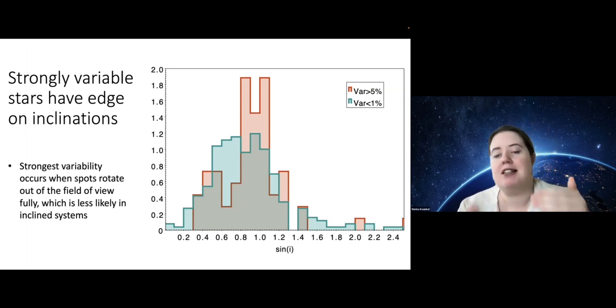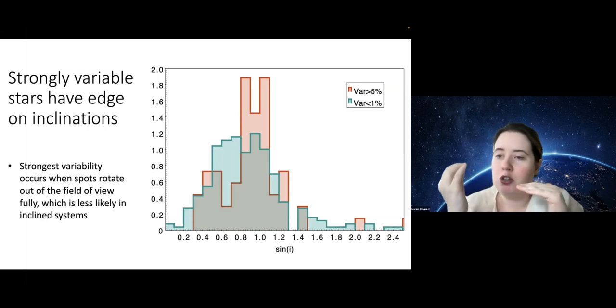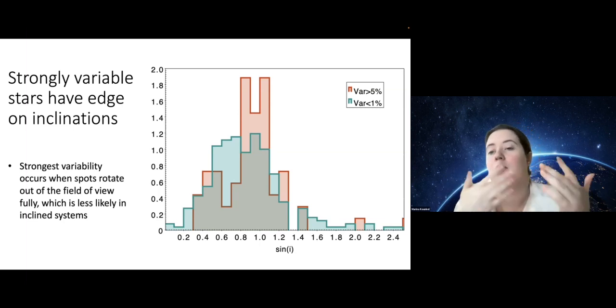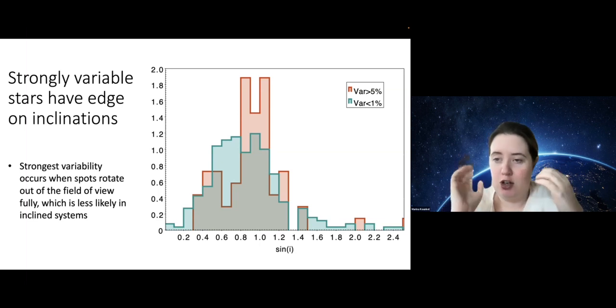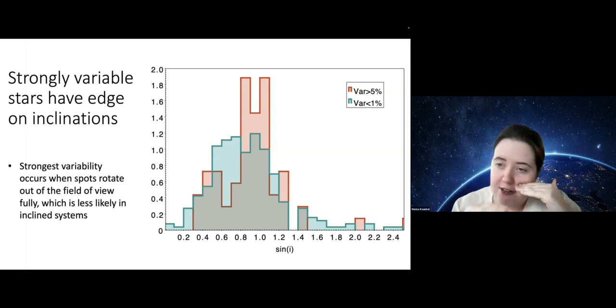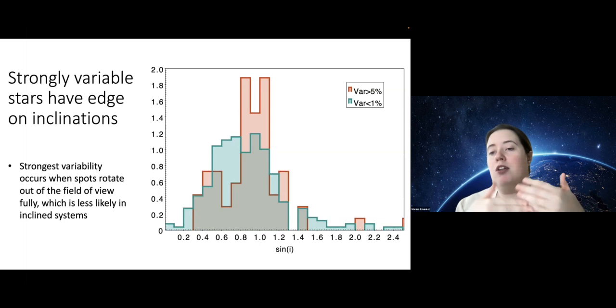That makes sense because if you assume that you have stars of the same age and they have the exact same spot coverage, if you are edge-on, you are able to see a spot rotate in and out of the field of view fully, or at the very least, it will give you the greatest chance for the spot to have the greatest amplitude on the light curve. On the other hand, if you have an inclined system, then a portion of the spot will never rotate in or never rotate out of the field of view, and that will significantly reduce your variability strength.